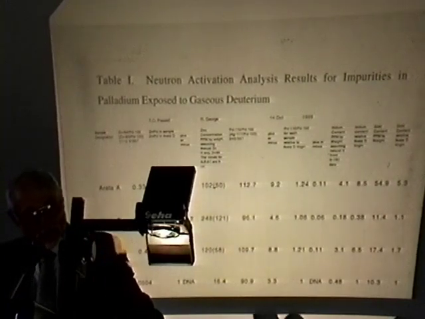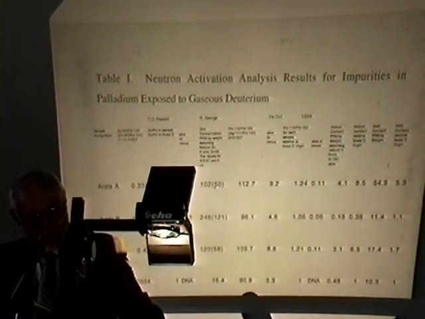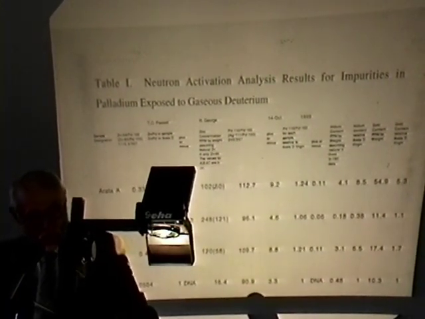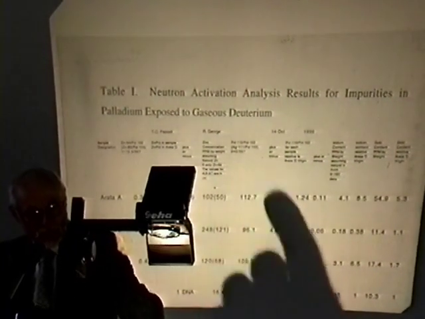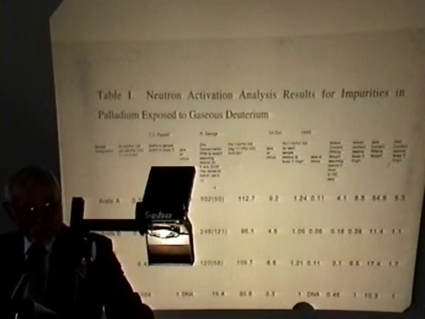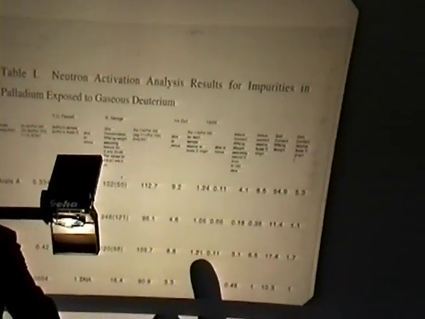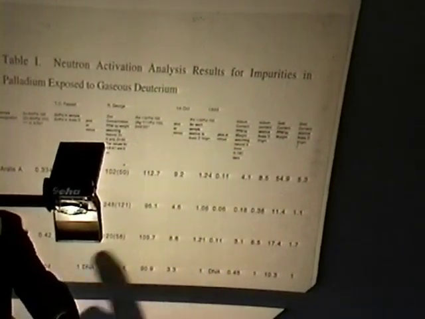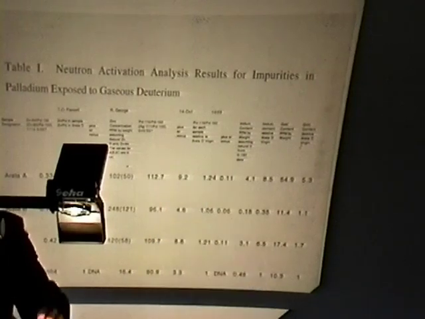In addition, I decided to also see in the same samples if there was any indication of changes in the palladium isotopic ratio, taking the ones that I could access, which are palladium 110 and 102, and the ratio of 110 to 102. As you can see, for the virgin I assumed 1, and relative to the virgin, a 20% increase in the C sample, a 6% increase in the B, and 24%.